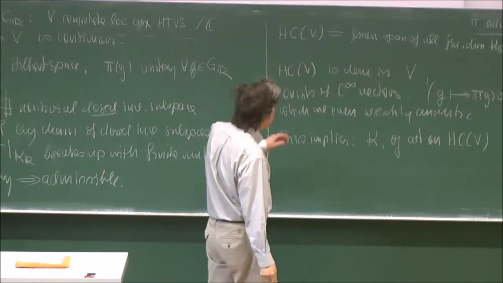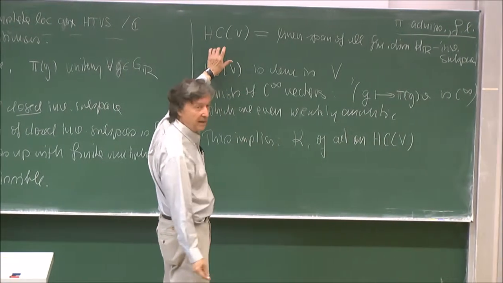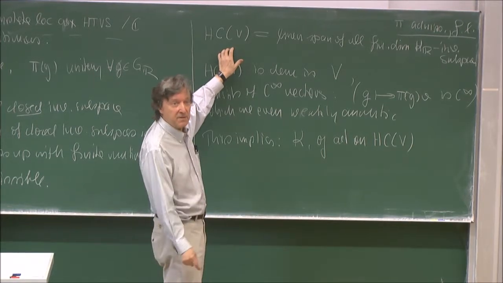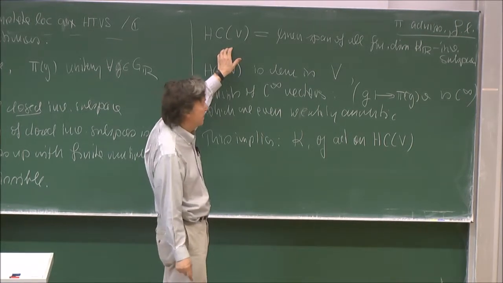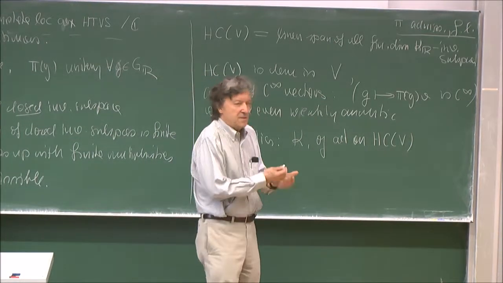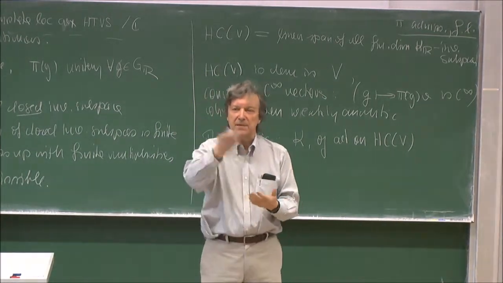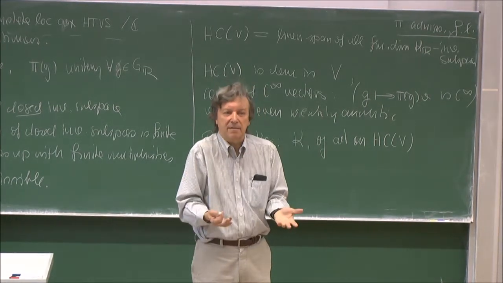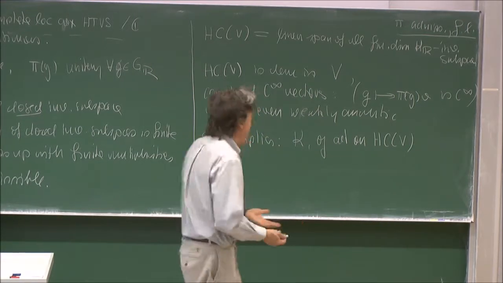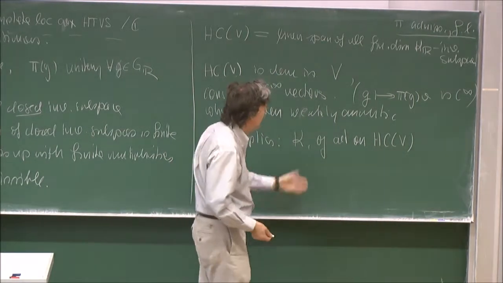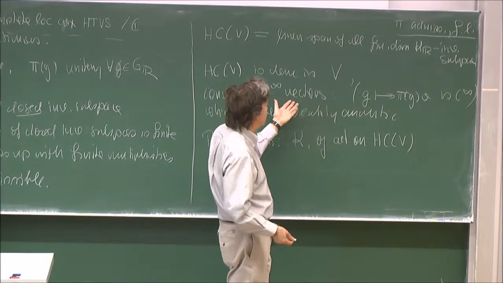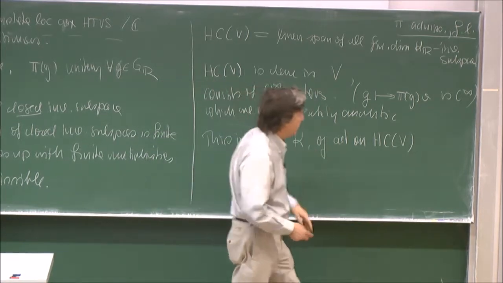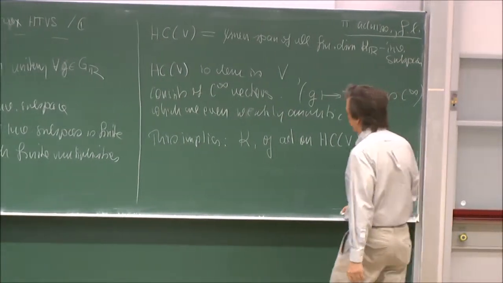Well, by definition, KR acts on HC of V. It's the linear span of all finite dimensional KR invariant subspaces, and so it's exhausted by finite dimensional representations of KR. And on any finite dimensional representation of KR, you have K acting. So K acts naturally because of the definition, and G acts because these are C infinity vectors, and in fact weakly analytic vectors. So they both act, and they act compatibly.